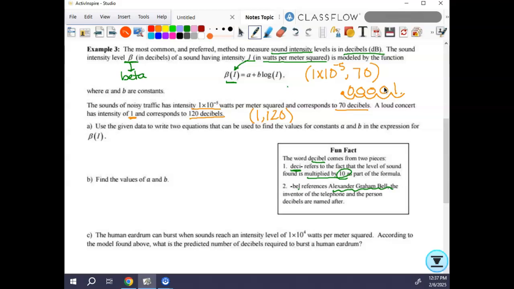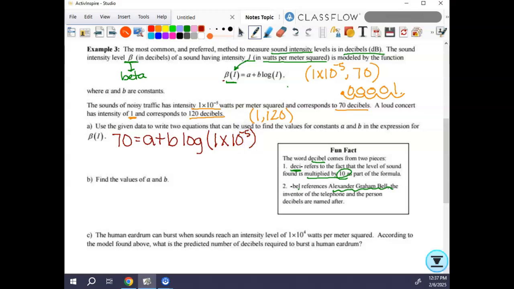Okay, so we're going to use the data to write the two equations. Based on this, my output, 70, is equal to A plus B, which we don't know, times the log of the input, which is 1 times 10 to the negative fifth.